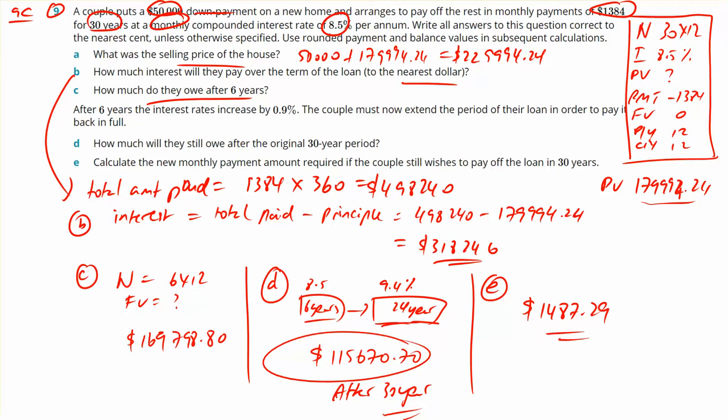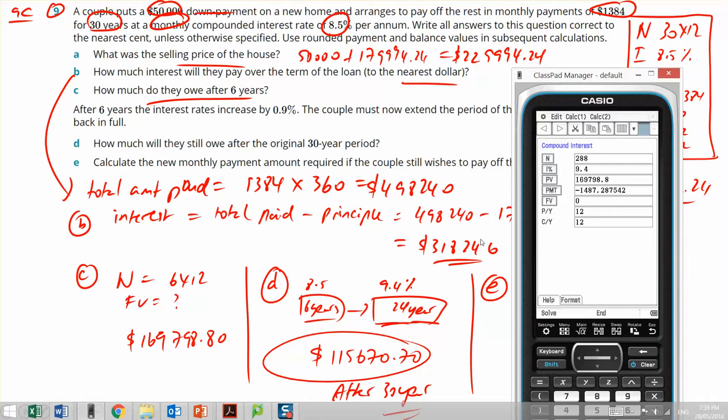What this means is that they can pay off the loan even though there's an interest rate hike, but in order to do that, they need to sacrifice a higher payment amount. So this is why we put the final value equals 0. We're trying to find what the payment amount is, and it happens to be 1487.29.